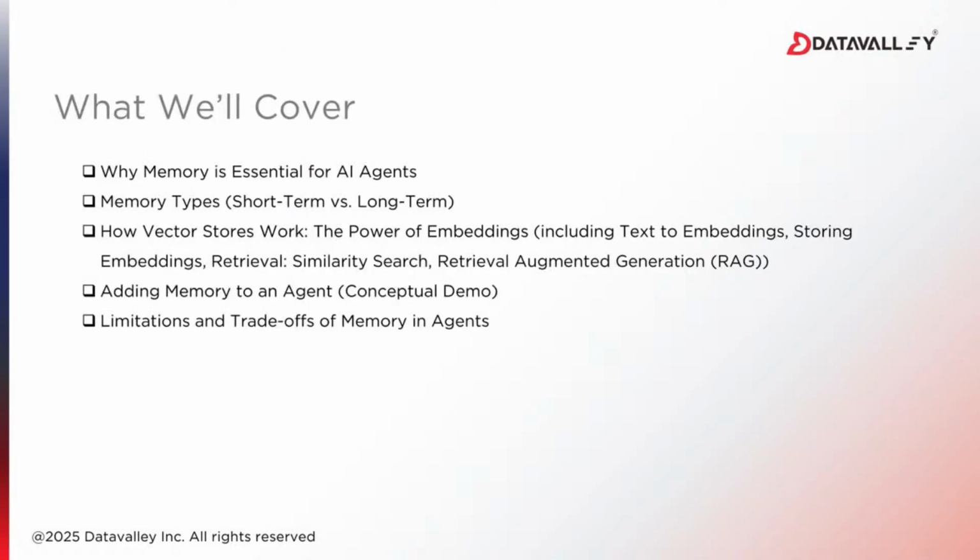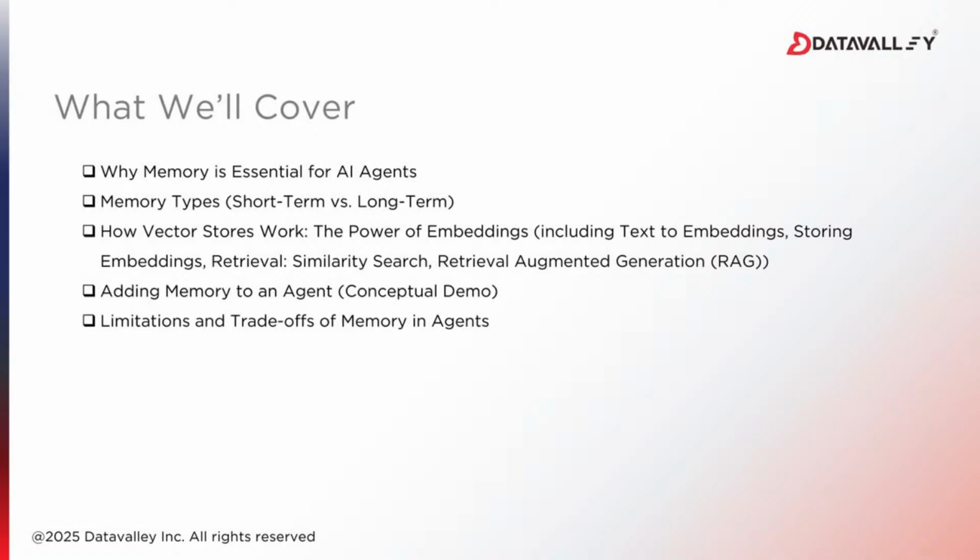Next, what we will cover today. In today's video, we'll cover why memory is essential for AI agents. What if there is no memory for an AI agent? We'll discuss that. And what are the memory types we have? We'll discuss that too. Next, we are connecting this topic to how to store that memory.